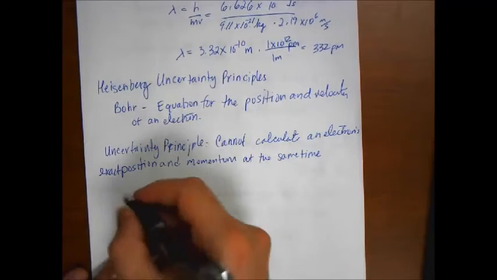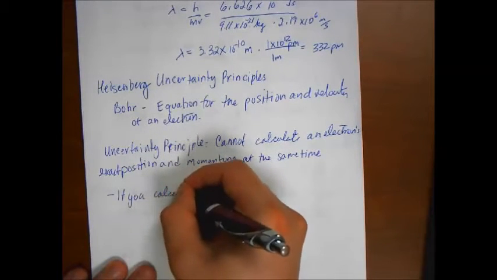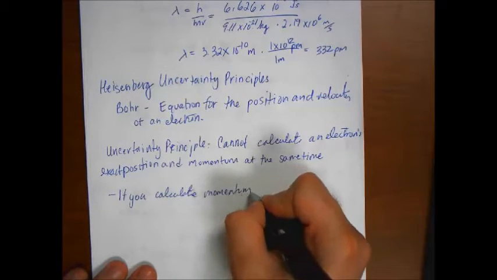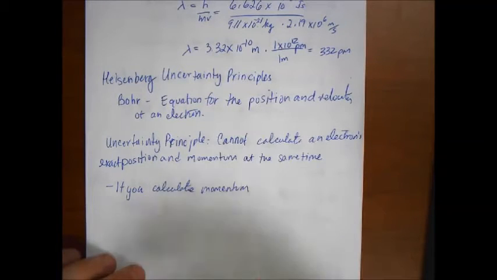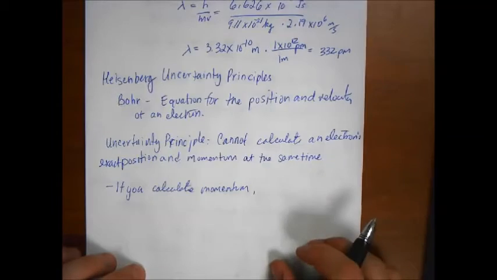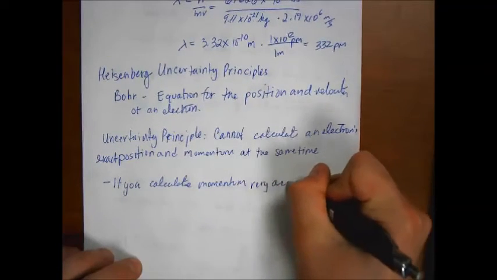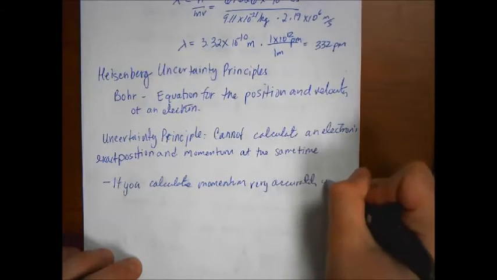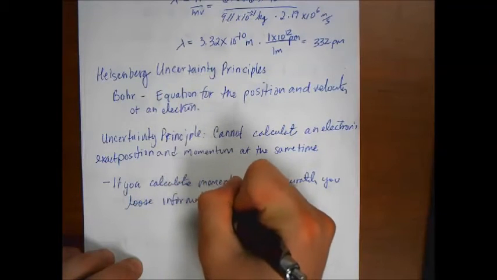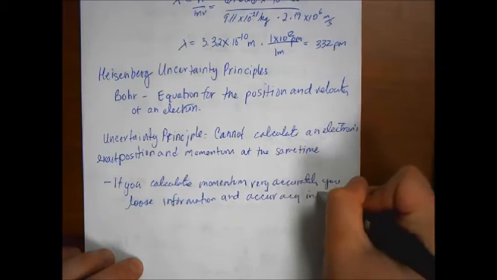What this meant was, if you calculate one, so let's say that we calculate the momentum, which is just another way, the momentum is kind of another way of saying velocity, but it's a little different. It's sort of one way of looking at the energy of motion. So if you calculate the momentum very accurately, you lose information and accuracy in the position.